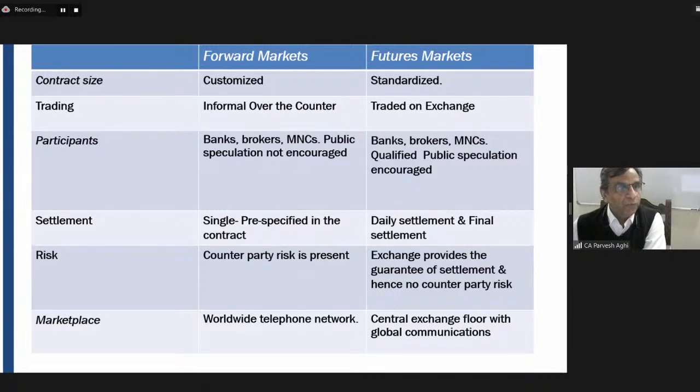Then trading is informal, over the counter in the case of the forward market, and in the futures market it's always traded on the exchange, either the National Stock Exchange or the Bombay Stock Exchange or New York Stock Exchange or any exchange in the world, okay? It always happens in the stock exchange. Participants in forward markets are banks, brokers, multinational companies.